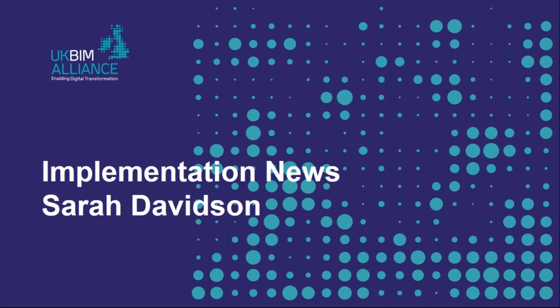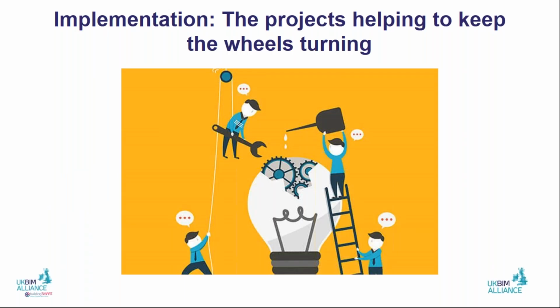So an update on implementation. Firstly, just a reminder about what implementation is. The implementation arm of the UK BIM Alliance is focused on the facilitation of projects. So that's those that we can see a need for, or those that are proposed by you and your colleagues in industry and academia.